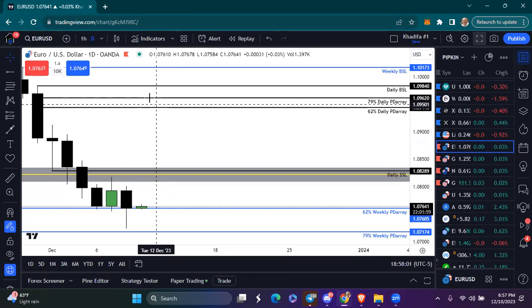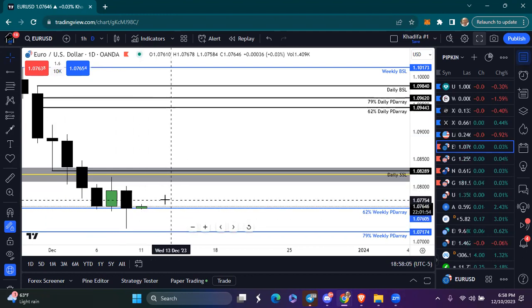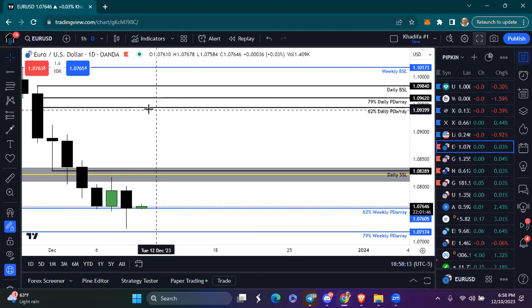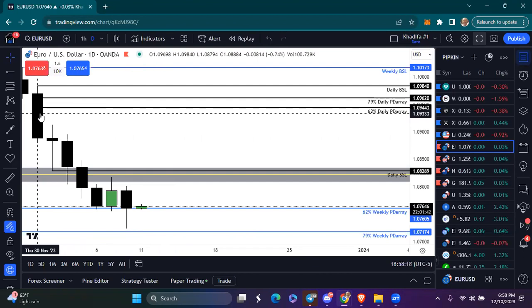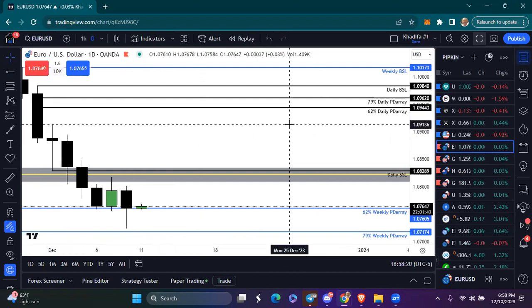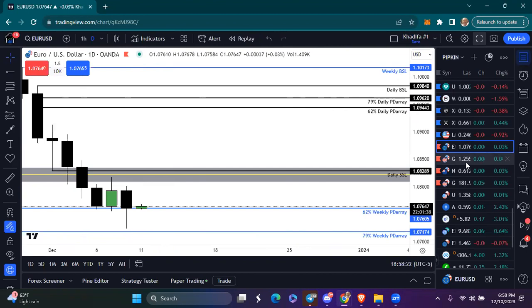So I expect with the high impacting news that we have this week, I expect those to be the drivers to get price up into those premium price levels for this daily price range from November the 30th. Is that clear? Cool beans, cool beans.